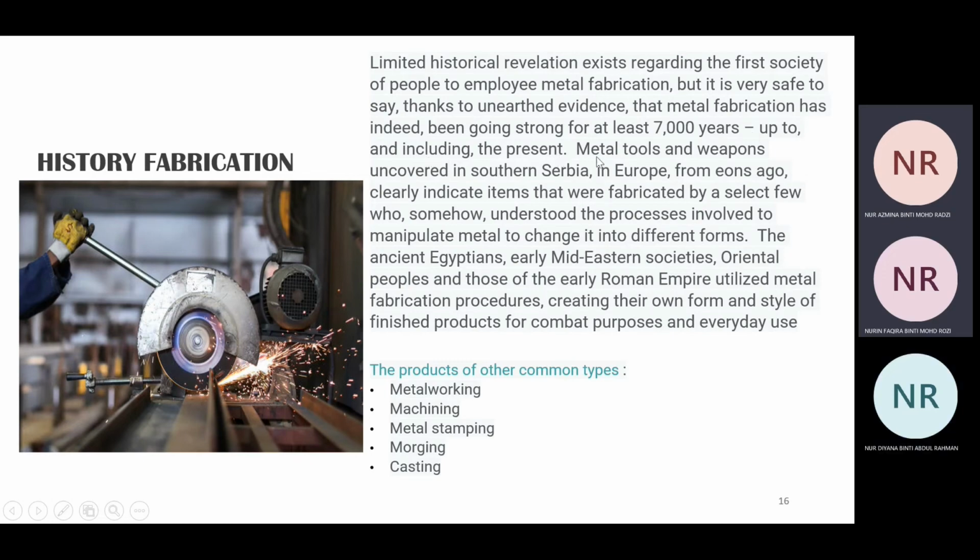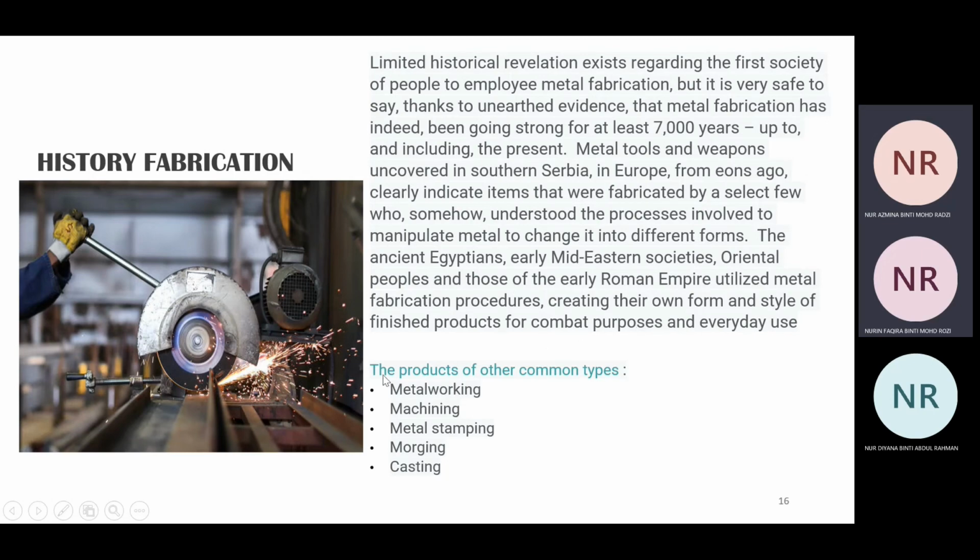Metal tools and weapons uncovered in South Serbia in Europe from eons ago clearly indicate items that were fabricated by a select few who somehow understood the process involved to manipulate metal to change it into different forms.